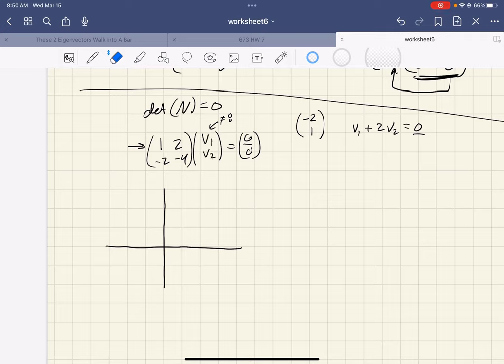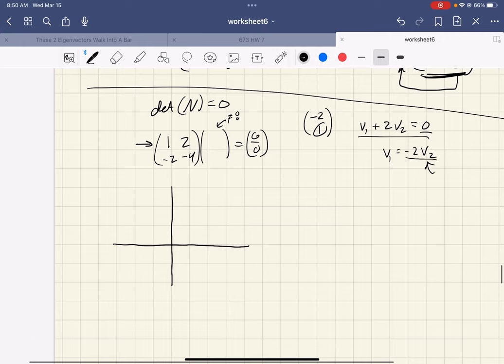Now stare at this and solve for the relationship. You have v1 is negative 2 v2, and then just plug something in. If I plug in 1 for v2, then I'm forced to make v1 equal to negative 2. You can do it that way, or you can just stare and know, and I encourage you all to get to a point where you can stare and know, especially in the 2 by 2 case. All right, so this dimension is the one that gets collapsed to 0.